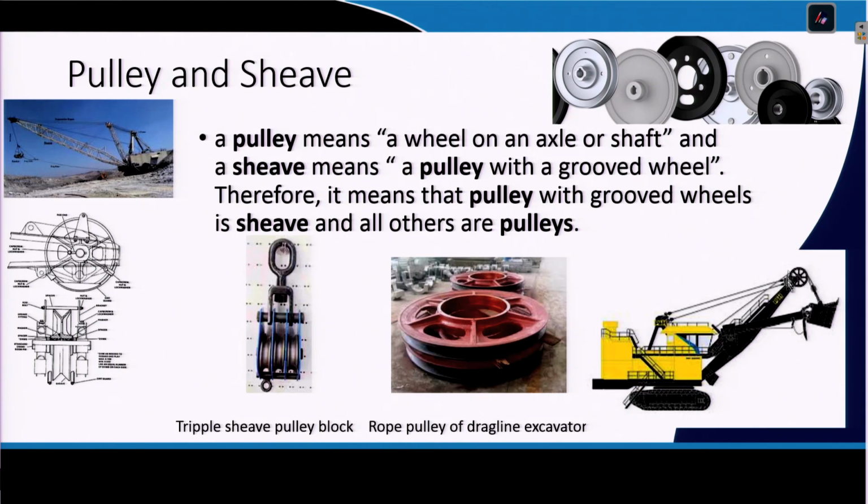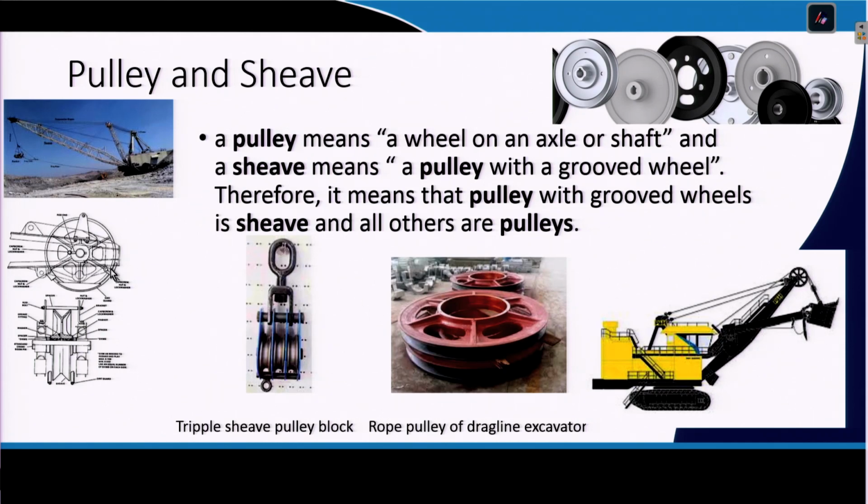So, the sheave is very important to be designed to withstand that heavy load. Depending on the type of rock and the size of the bucket, there will be a heavy load coming onto this sheave, or the boom point sheave as it is called. So, they need to be very carefully designed.